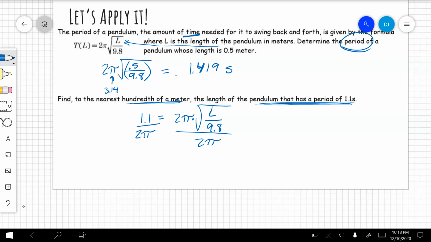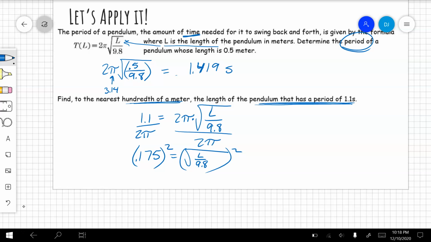So I'm going to end up having 1.1 divided by 2 times pi. That's going to give me 0.175 to start with. I'm going to leave that in my calculator because when I square it, it'll be more exact. So I'm going to go ahead and square my answer.